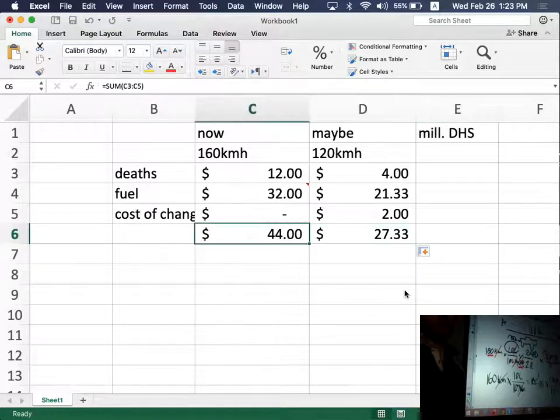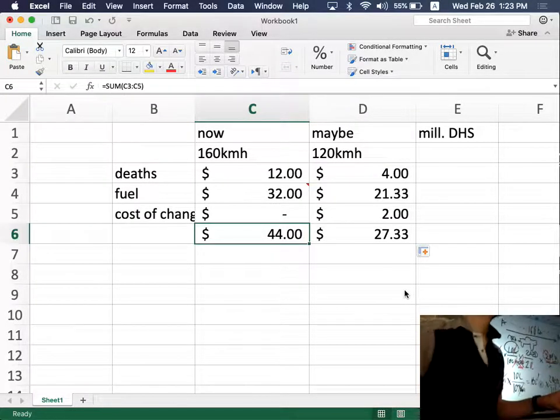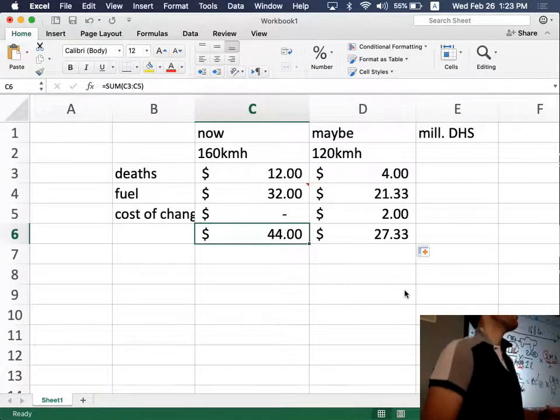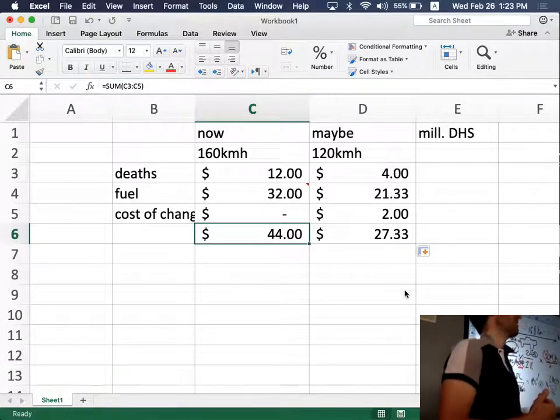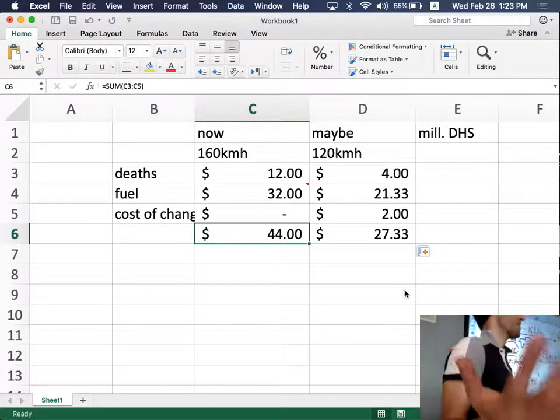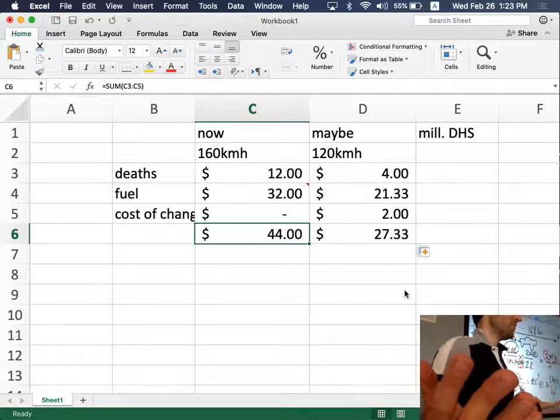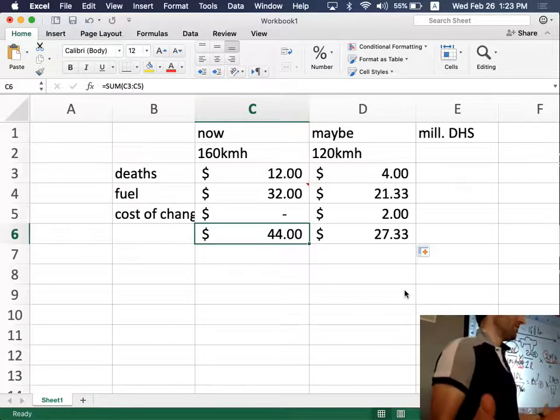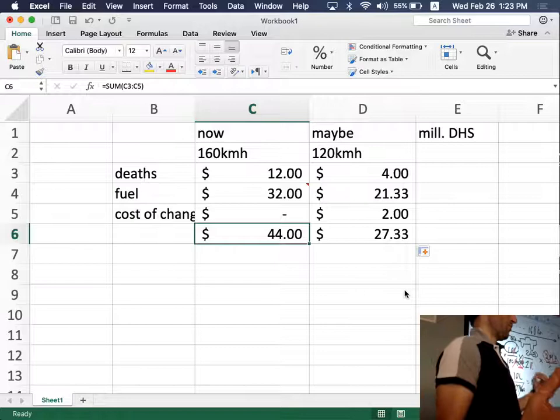And what else? That's it? Any other costs we're missing? You sure? Okay, so this is the basics. But you could get more sophisticated and say, well, when we sell gasoline, we get revenue from the tax on the gasoline, which is as high as 60% in some countries. In Europe, it's 70%. So that's a lot of money.